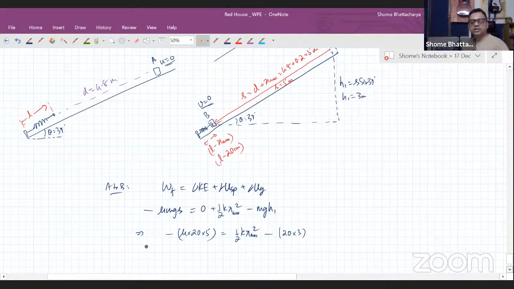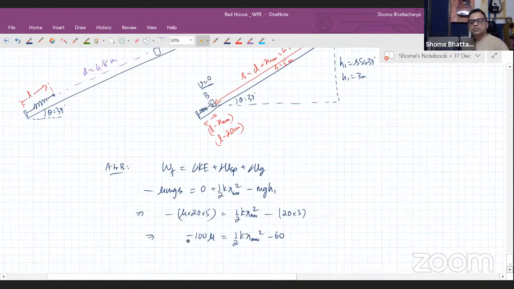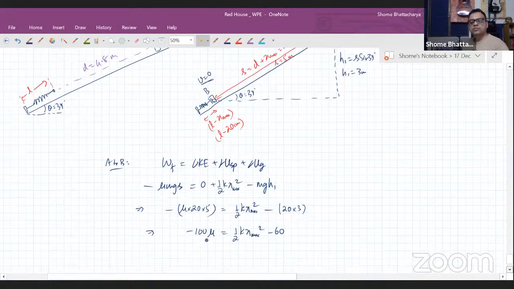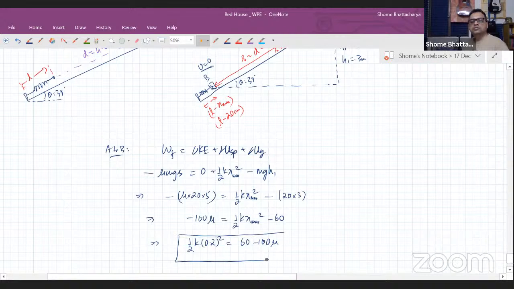So I'm getting this relation that minus 100 mu is equal to half k x maximum square minus 60. This is my equation 1, which I'm getting by applying the work energy theorem from A to B.